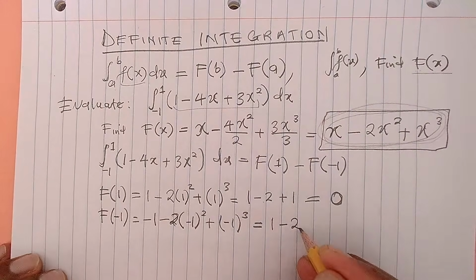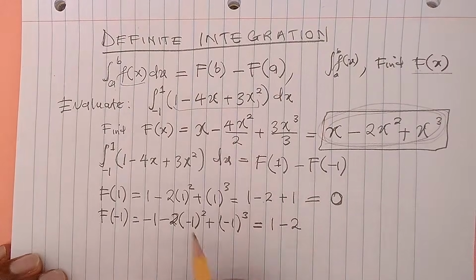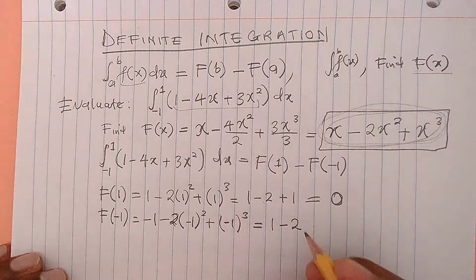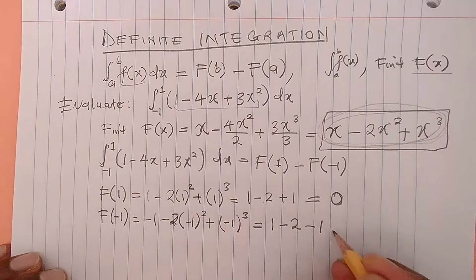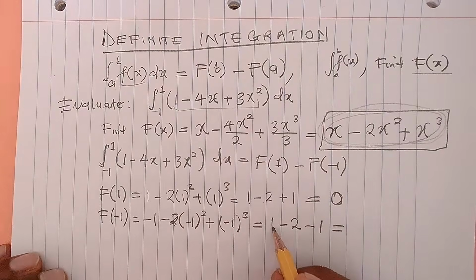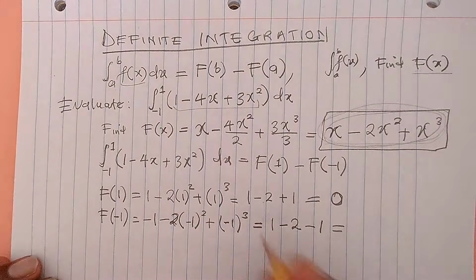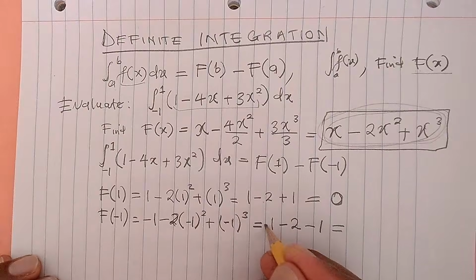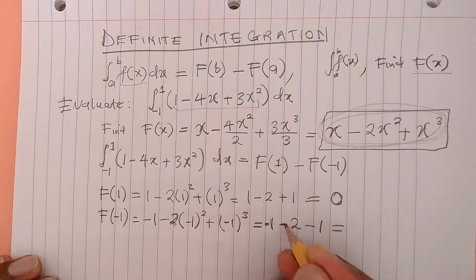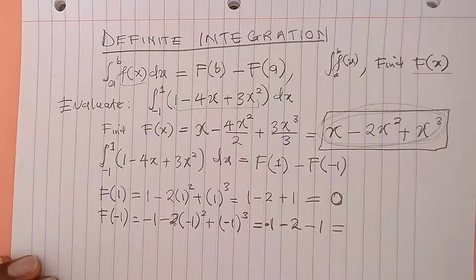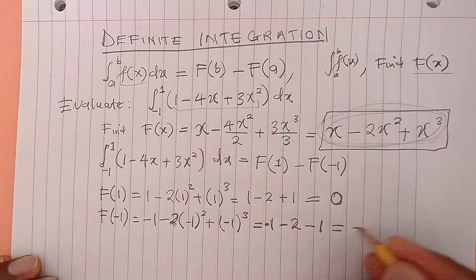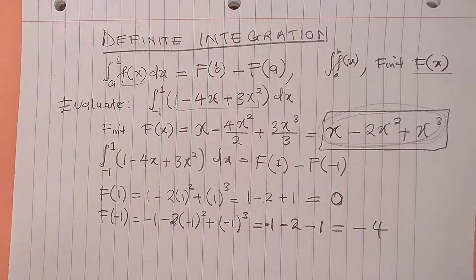So this will just be 2, right? But this is negative 1 to the power 3, which is negative 1 multiplied by negative 1 is positive, multiplied by negative 1 will be negative. So this is minus 1, okay? So negative 1, I have negative 1 at the beginning first, sorry. So negative 1 minus 2 will be negative 3, then minus 1 will be negative 4, okay?